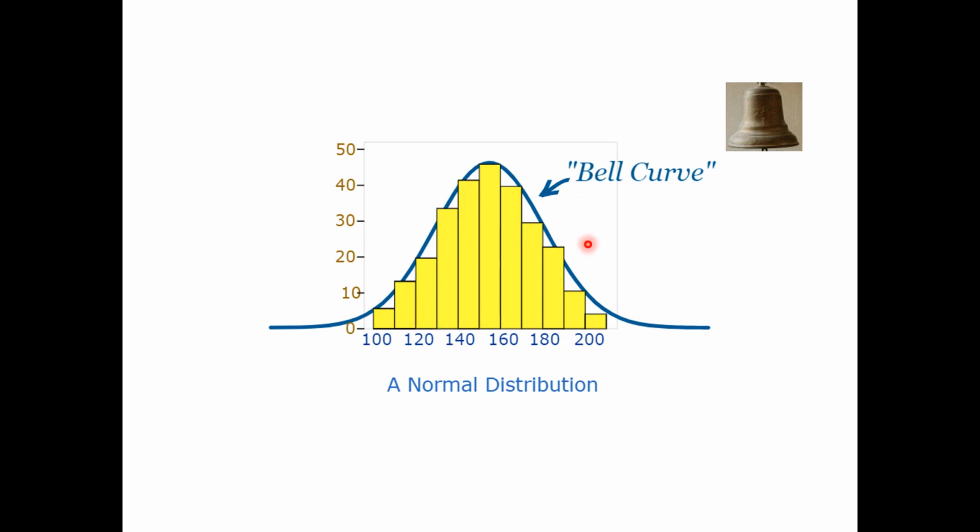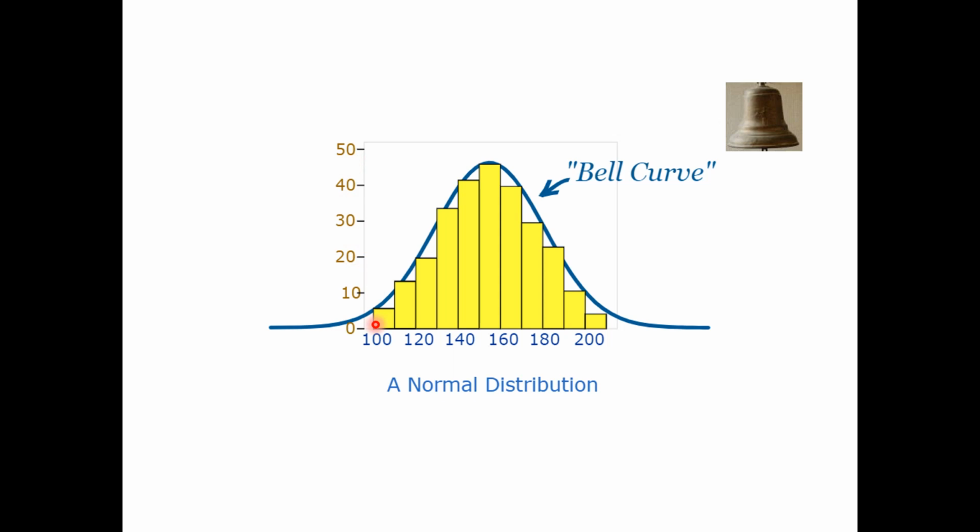Now, let me explain this point once again. When we look at this curve, what are these, 100, 120? This could be anything. This could be weight, height, any number. But actually, these are intervals: 100 to 110, 111 to 120, 121 to 130. And in this direction, 10, 20, 30, 40, 50 are the frequencies.